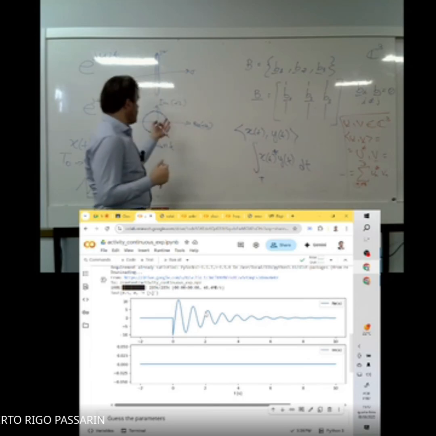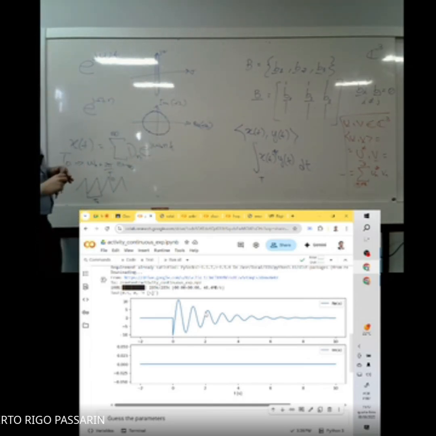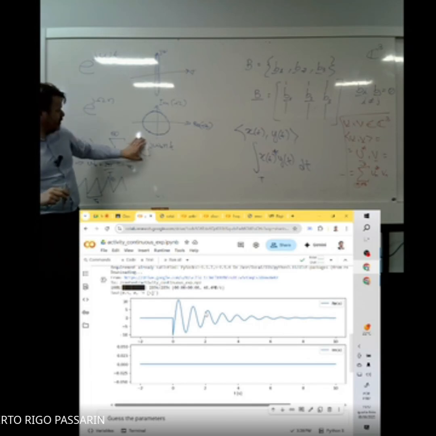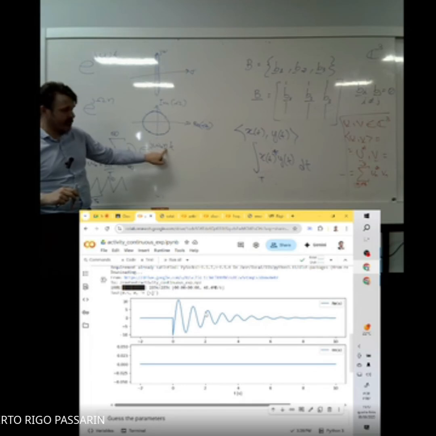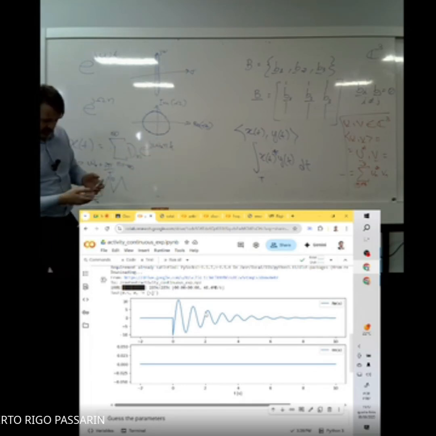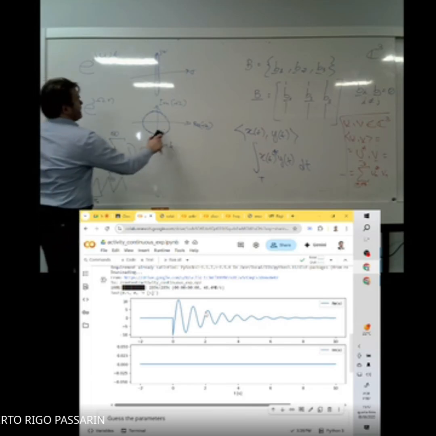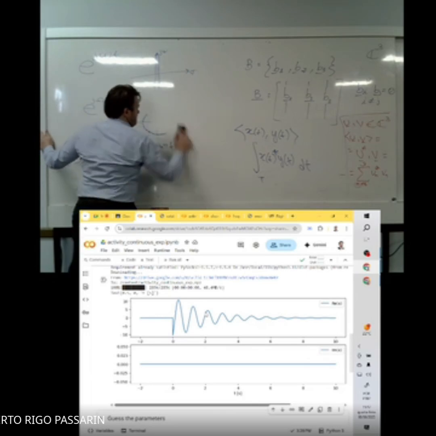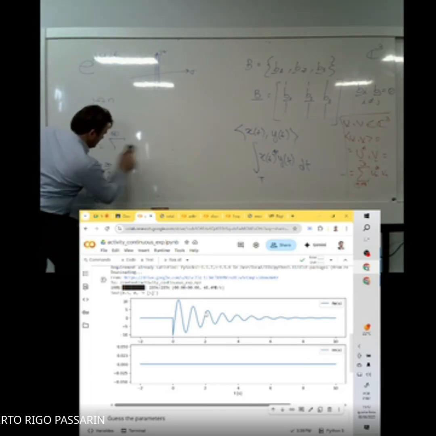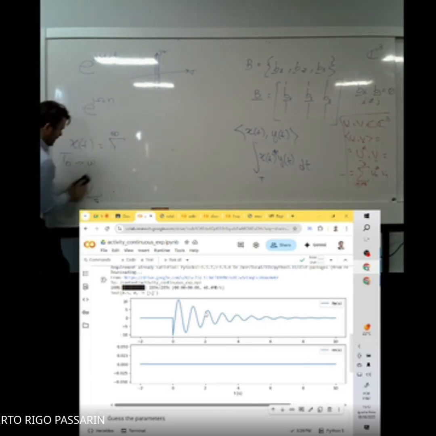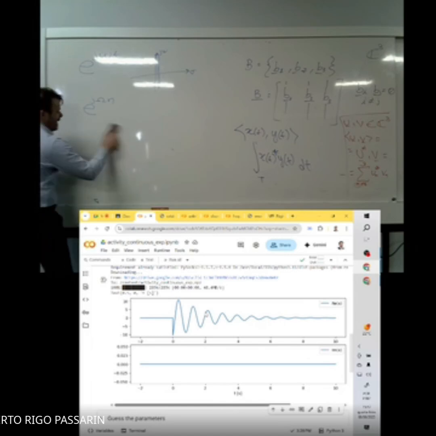And I want to show you now that if we take two complex exponentials with different values for n, they're orthogonal. So, for instance, let's erase this. First, let's do the algebra, then we do the graph.